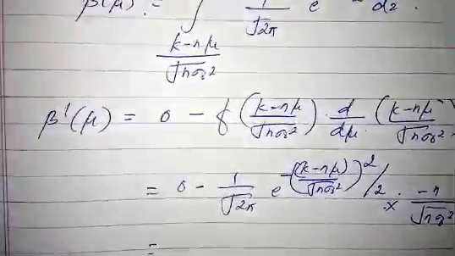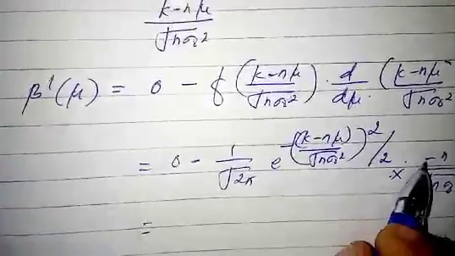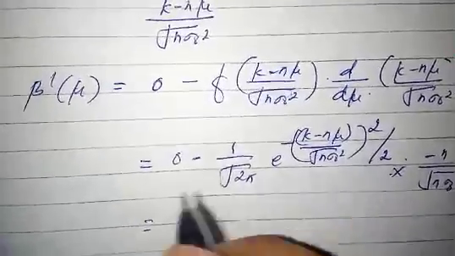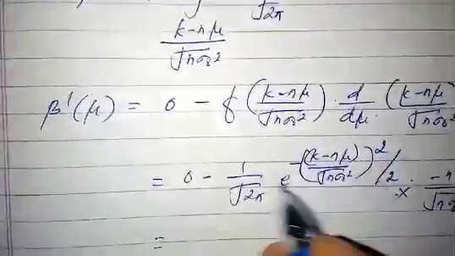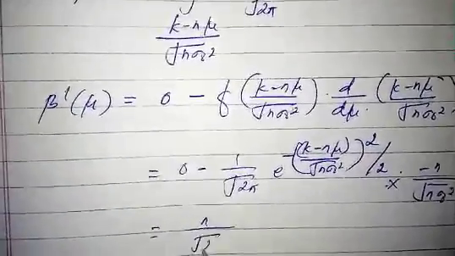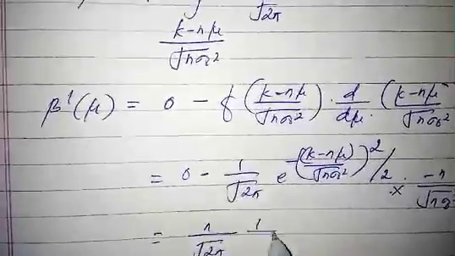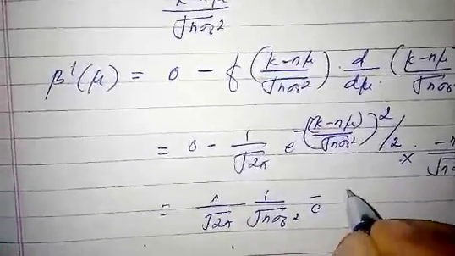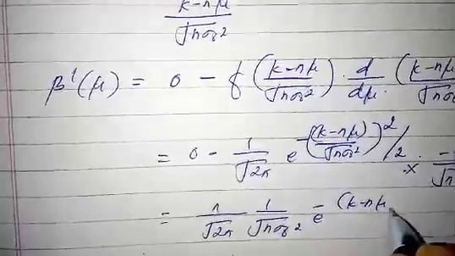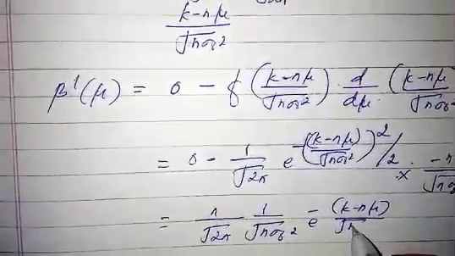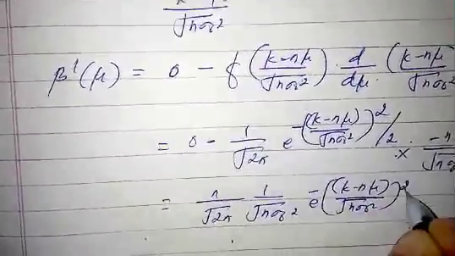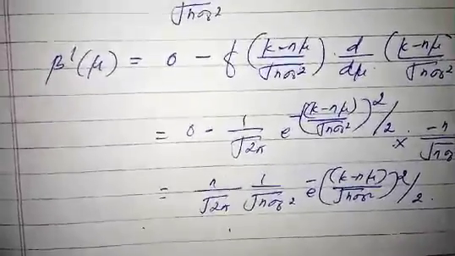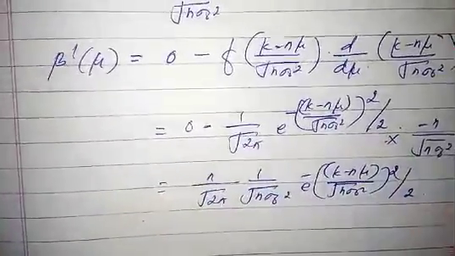So here minus minus, the minus could cancel. Then you can write this term as n by square root of 2 pi, 1 by square root of n sigma naught square, e power minus k minus n mu divided by square root of n sigma naught square, whole square, divided by 2, right? Whether this value is greater than 0 or less than 0.